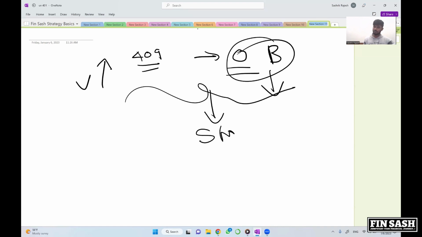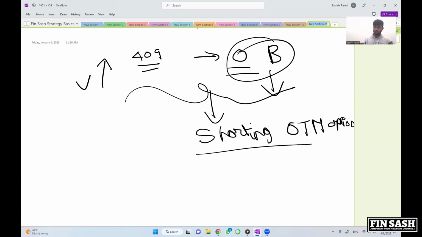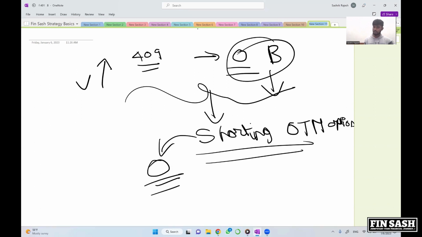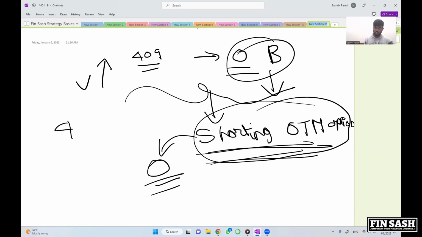So what we are going to do is take advantage of this by shorting out of the money options based on our view, whether it's bullish or bearish, right? So that on expiry, you get the full value as long as it's satisfying your levels. So if you say 410 CE, you think that the market's bearish, correct?